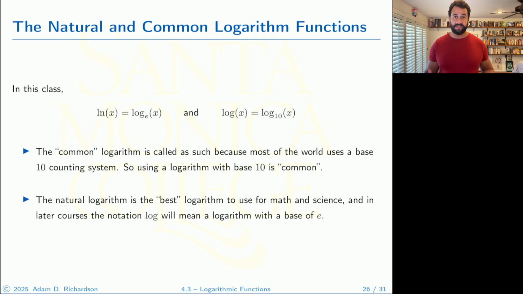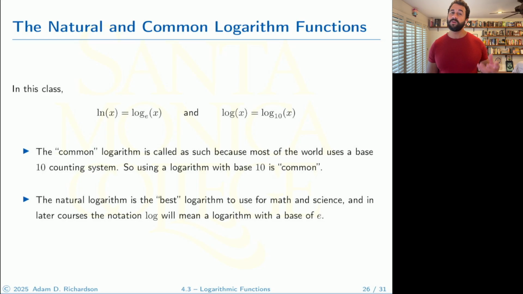Now, that being said, like I've said a few times now, the natural logarithm is the quote best logarithm to use for math and science. And in later courses, what you find is that this notation, log, actually means natural log. So this symbol meaning log base 10 is something that only lower division undergraduate courses use.